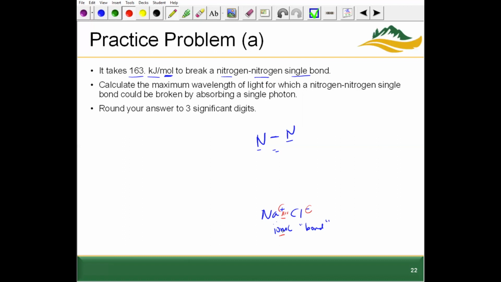Here we're going to calculate the maximum wavelength of light for which a nitrogen-nitrogen single bond could be broken by absorbing a single photon. So just as metal could emit electrons if it interacts with some wavelength of light, we can actually use radiation as well to break bonds.